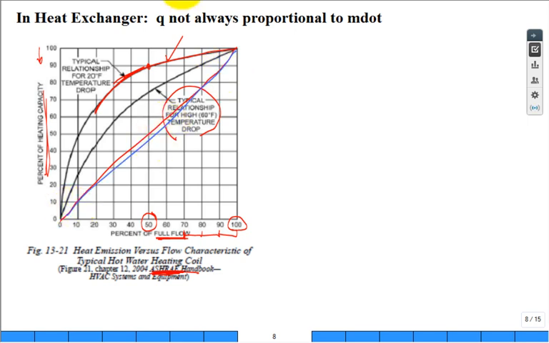And so if you are in this field, you probably see plots like this where they'll say, okay, this is what we're interested in: how much heat gets into the air in our heating application in the middle of winter as a function of the mass flow rate of the hot fluid supplied to the heating coil. Okay, that profile looks like this.